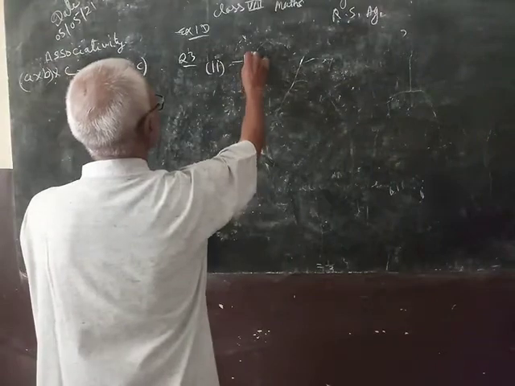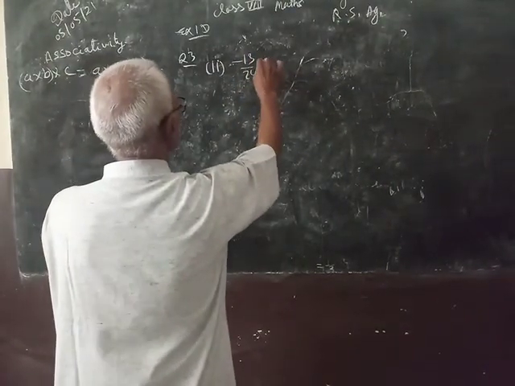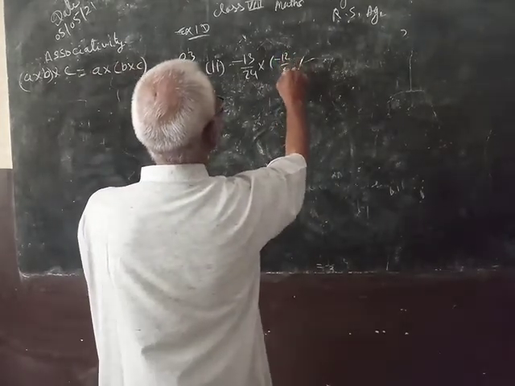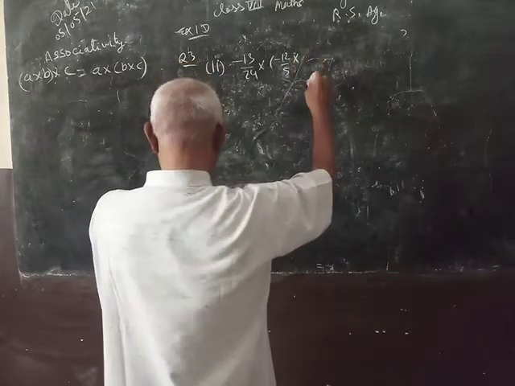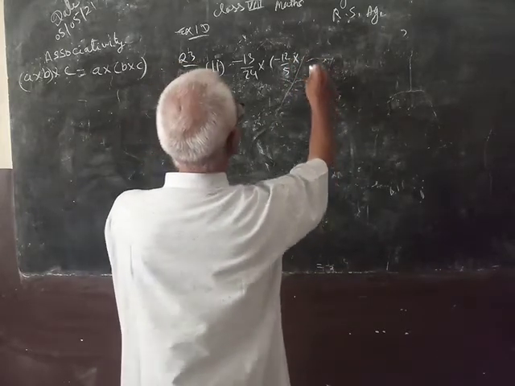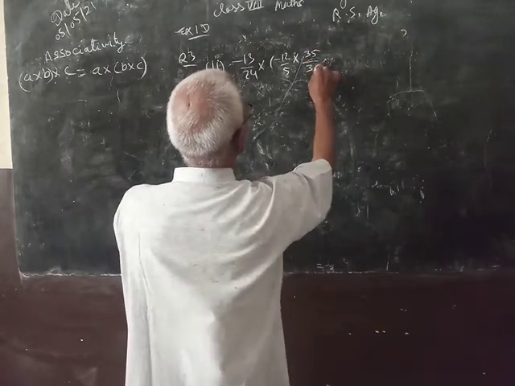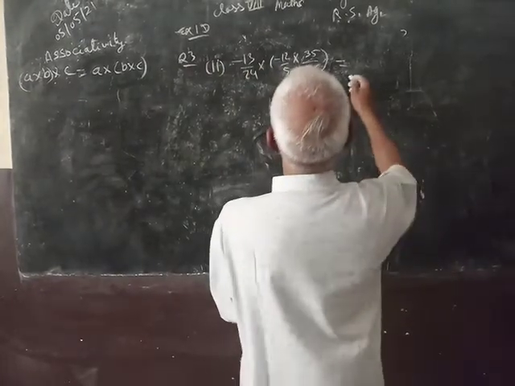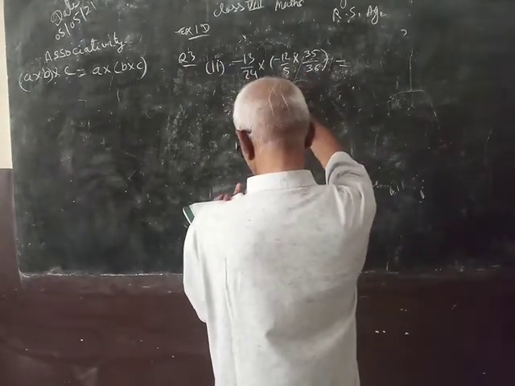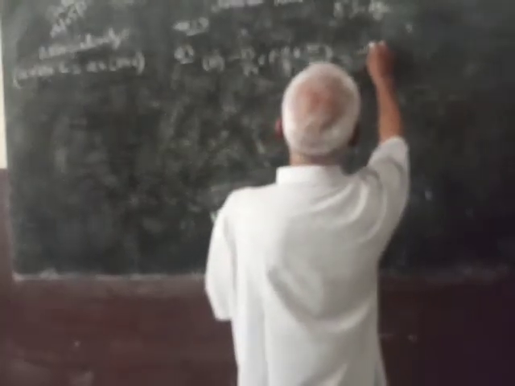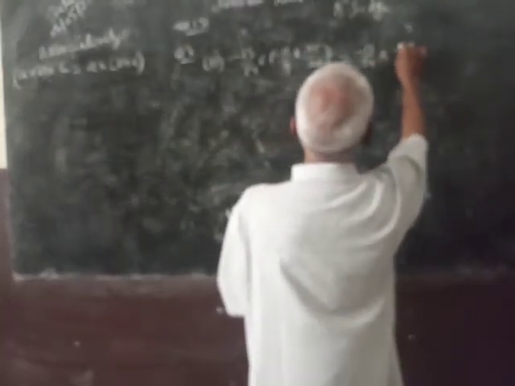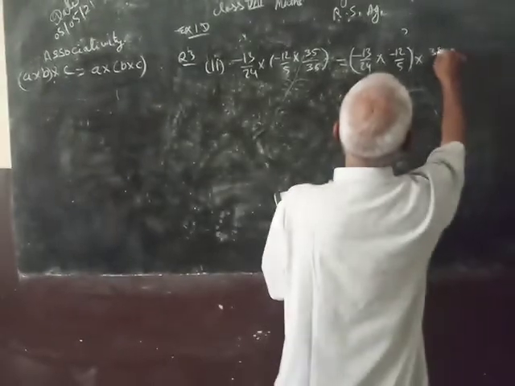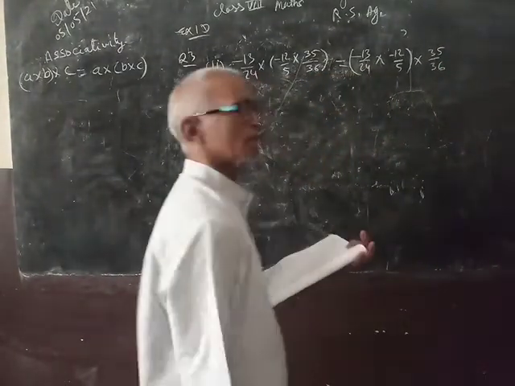Minus 30 by 24 into minus 12 by 5 into 35 by 36. This is equal to, here the first number is outside the bracket, then minus 13 by 24 into minus 12 by 5, these two are in bracket, and outside is 35 by 36.